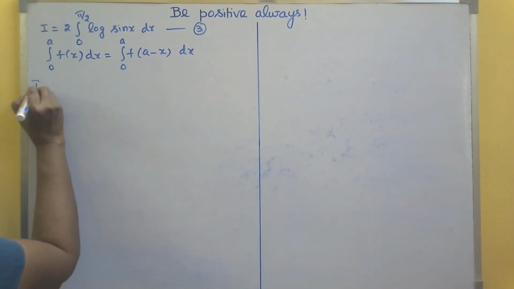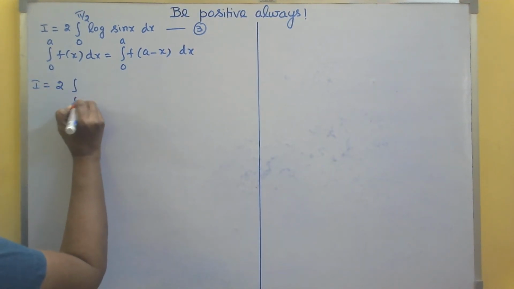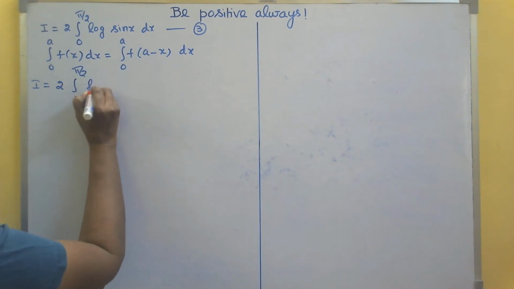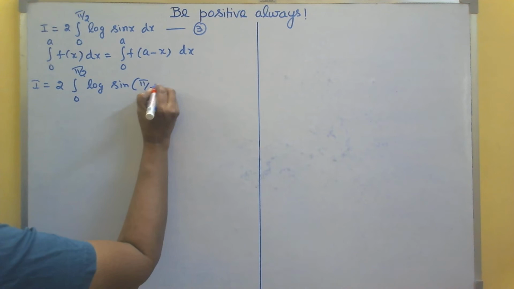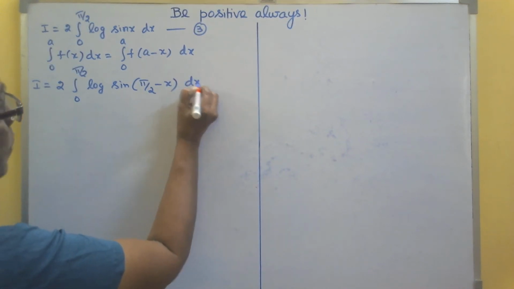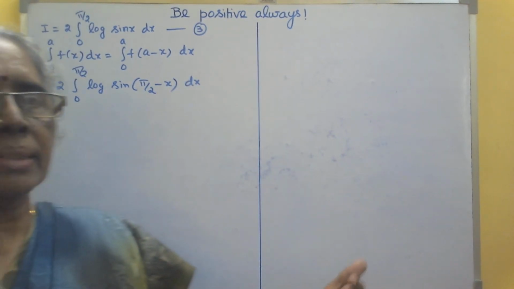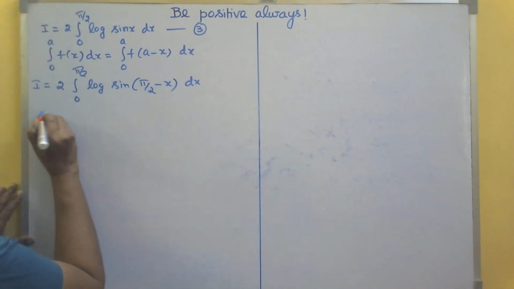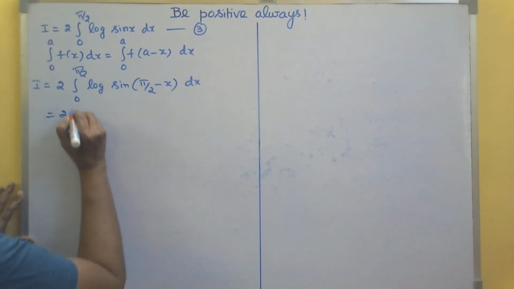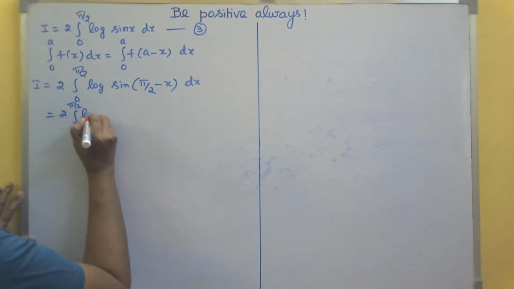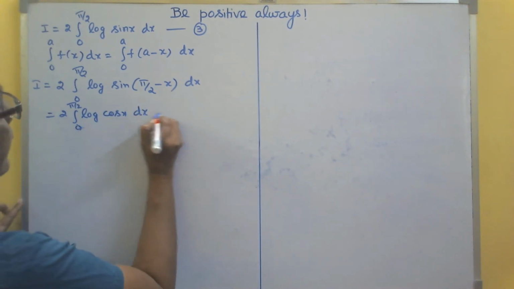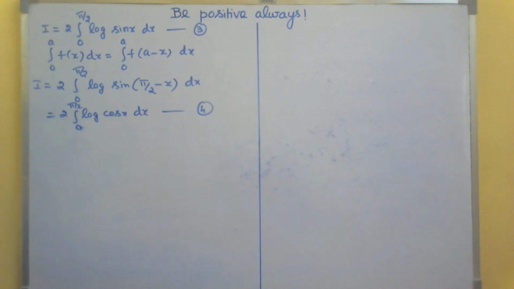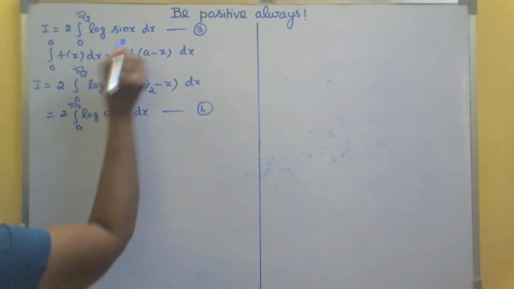So now I will write that 2 as it is, integral 0 to pi by 2 log sin of pi by 2 minus x, because the a is pi by 2 here. You know sin of 90 minus theta is cos theta. So you will be getting 2 integral 0 to pi by 2 log cos x dx, mark this as 4, right?